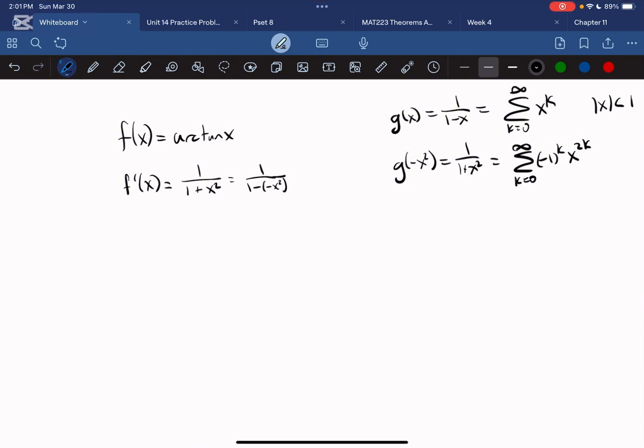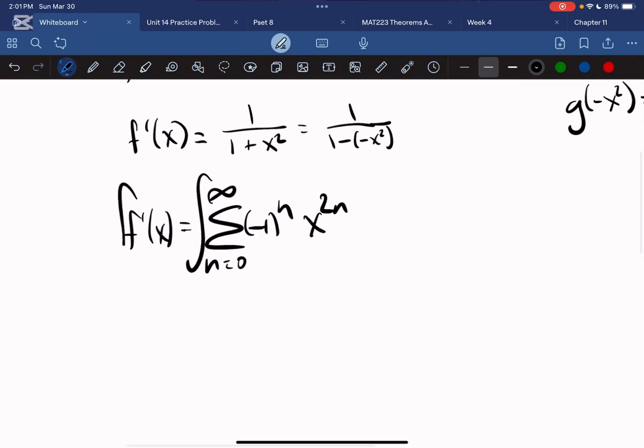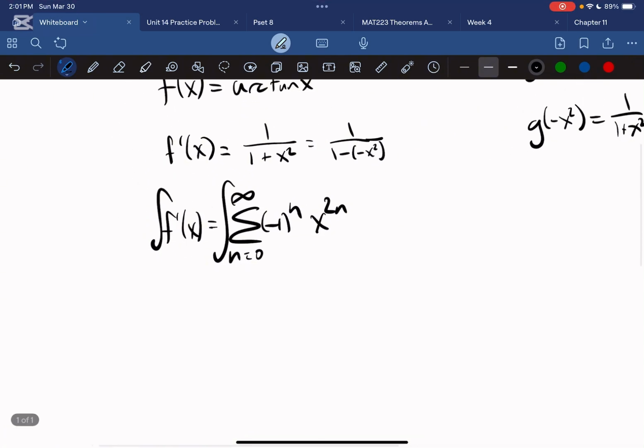And so we know f prime of x is equal to this now. Sorry, I'm switching around n and k. When we integrate this, we'll end up with f at x plus c is equal to this, which ends up being this, over 2n plus 1.